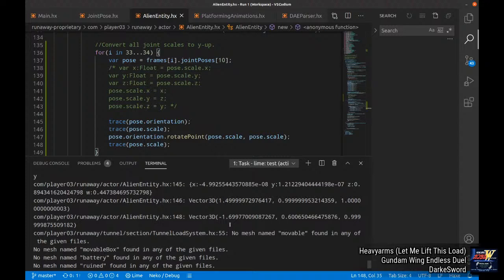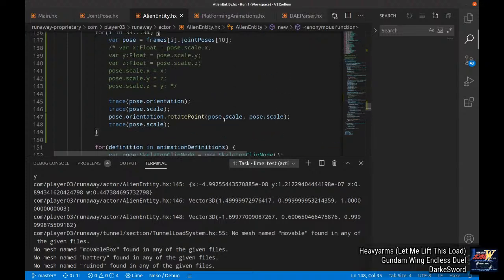That should have been looking a lot more messed up than it was. I don't know why. Like, that is really far off.